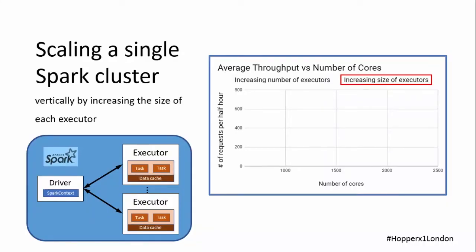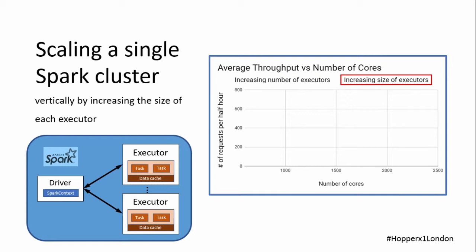First, we tested how we could get more throughput if we increased the compute in our Spark cluster by vertically scaling, so increasing the size of each of the executors. If you remember this diagram that I showed earlier of a Spark cluster, you can imagine vertical scaling by taking each executor and giving it more CPUs and more RAM.